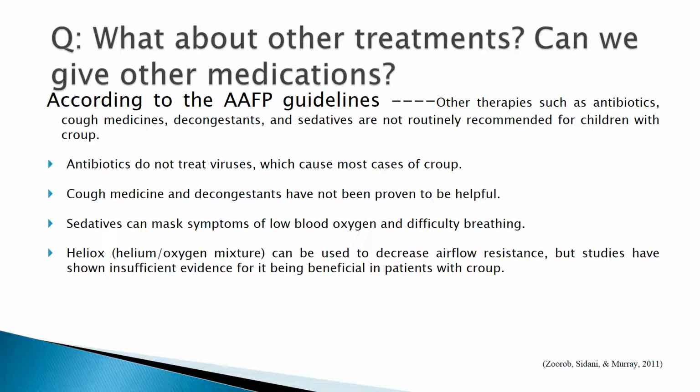Other treatments, something that your parent might ask. Can antibiotics help it? Well, we know antibiotics do not treat viruses, which cause most cases of croup. And if there is a bacteria that is causing the croup, they should be hospitalized with IV antibiotics. So there is no script that you can write for your patients to heal croup.